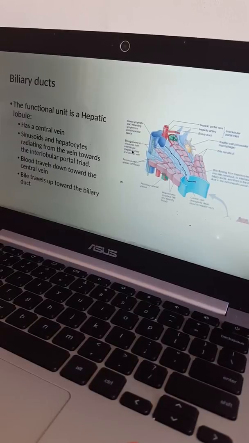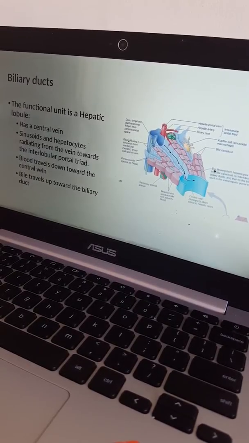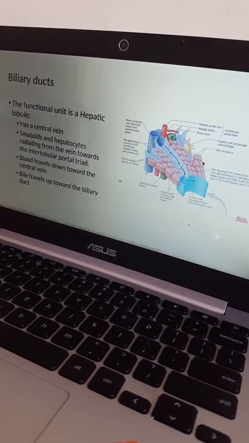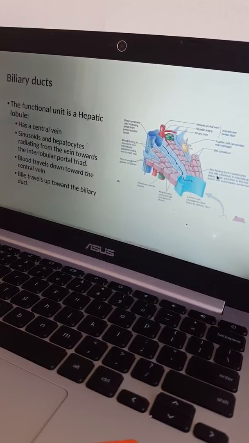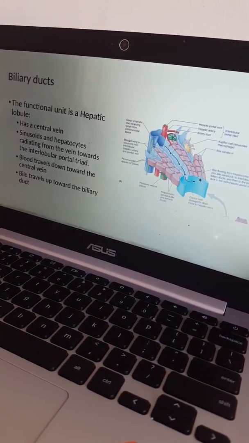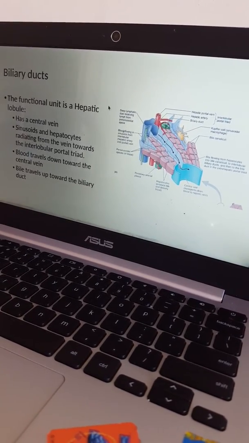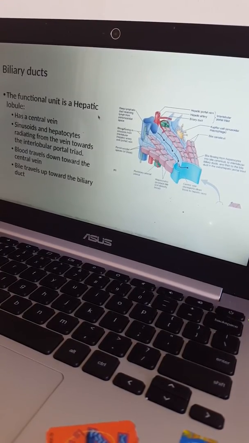And then blood flows in sinusoids from the hepatic artery and portal vein. And these are the bile canaliculi. Canaliculi means small channels which are passing the bile. So in the major picture, blood is coming this way and bile is going this way, okay?